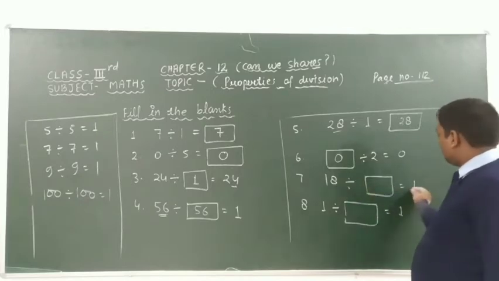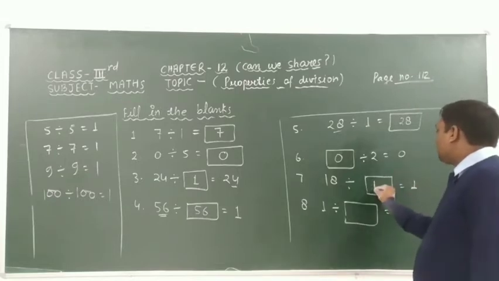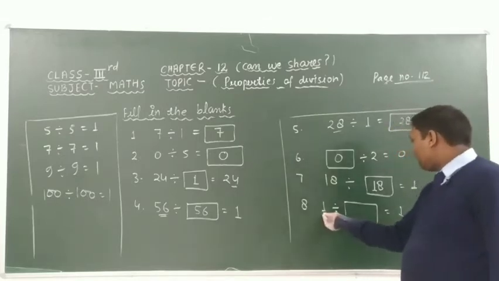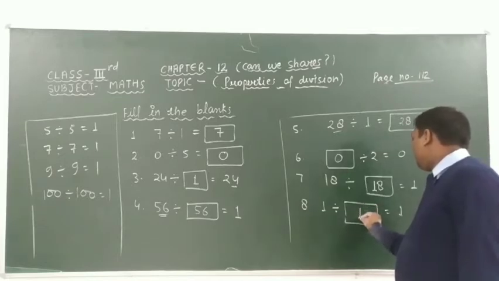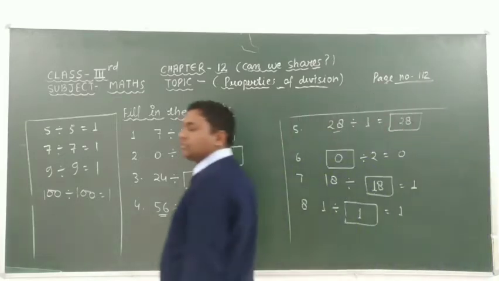And here given that 18 and here 1. Okay, it means that in this box we can write 18. Understand? Okay, students, here given that 1 divided by, here given that 1, it means that 1 divided by 1 is equal to 1. Understand, dear students?